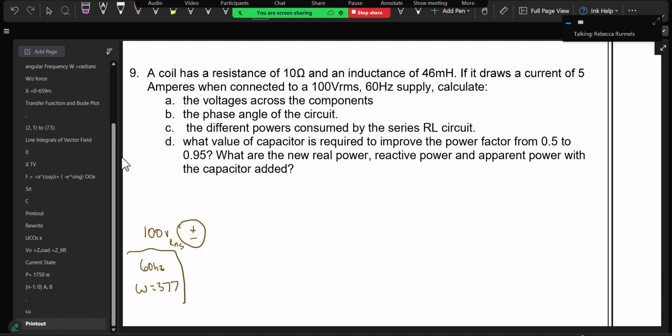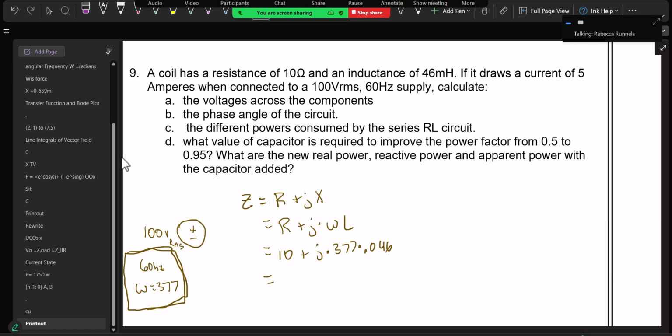By the way, this is standard AC. So our impedance is our resistance plus J times our reactance. It's an inductor, so it's omega L.